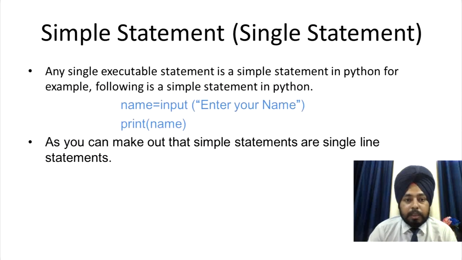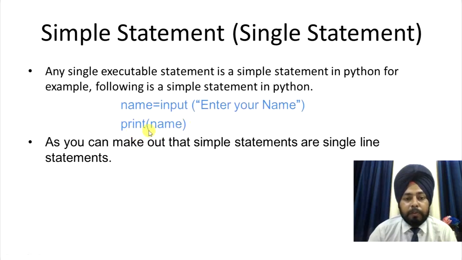Next one is the simple statement, or we can call it a single statement. Any single executable statement is a simple statement in Python. For example, the following is a simple statement in Python. Here we have chosen a variable named name, equal to the input function, then enter your name.